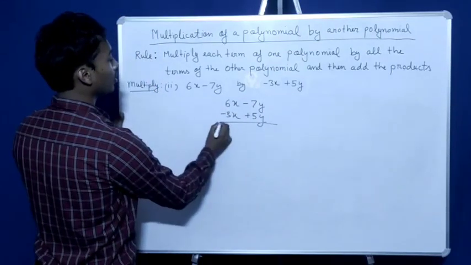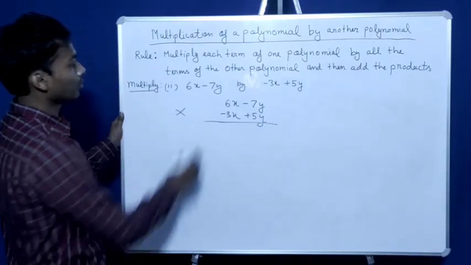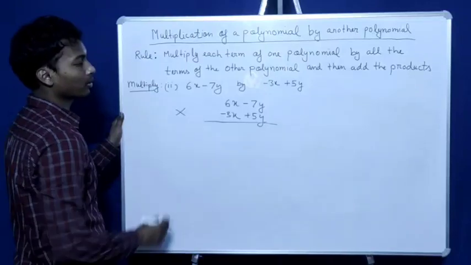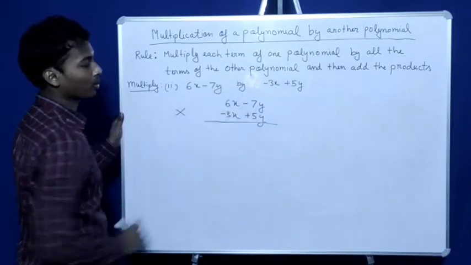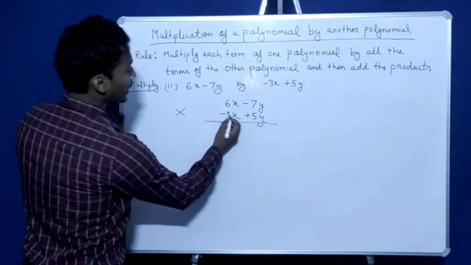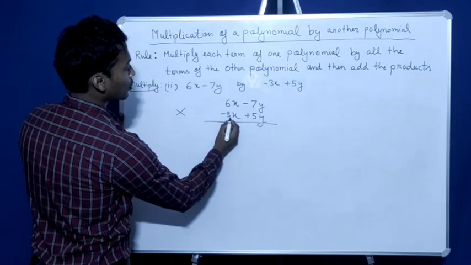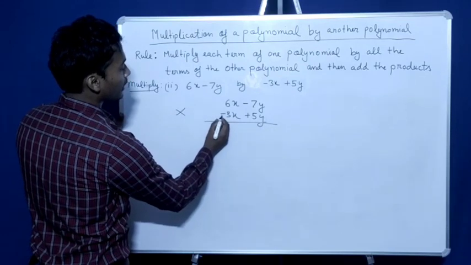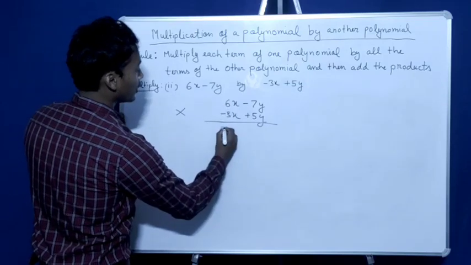So 6x minus 7y by negative 3x plus 5y. So we'll apply the rule of the polynomial. One polynomial multiplied with the other polynomial. We'll multiply each term of the polynomial with each term of the other polynomial. So negative 3x multiplied by 6x we can do first. So look here at the signs, here is the negative and here is the positive. So negative and a positive will give you negative.